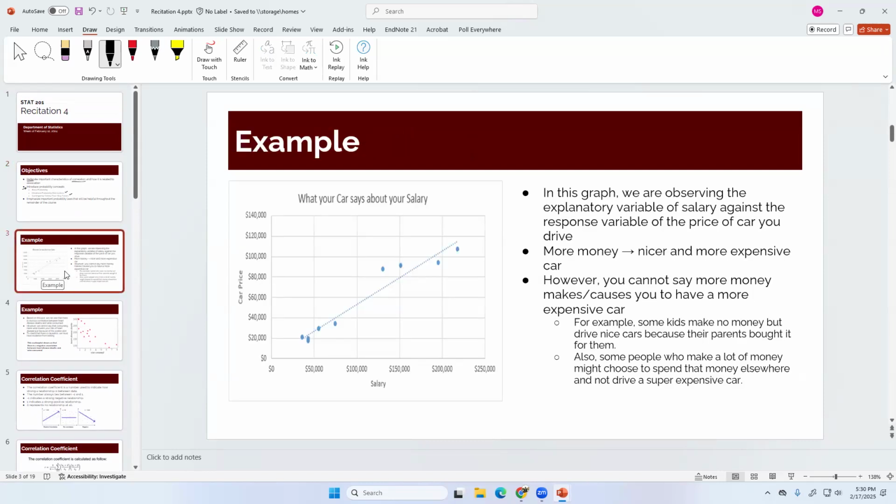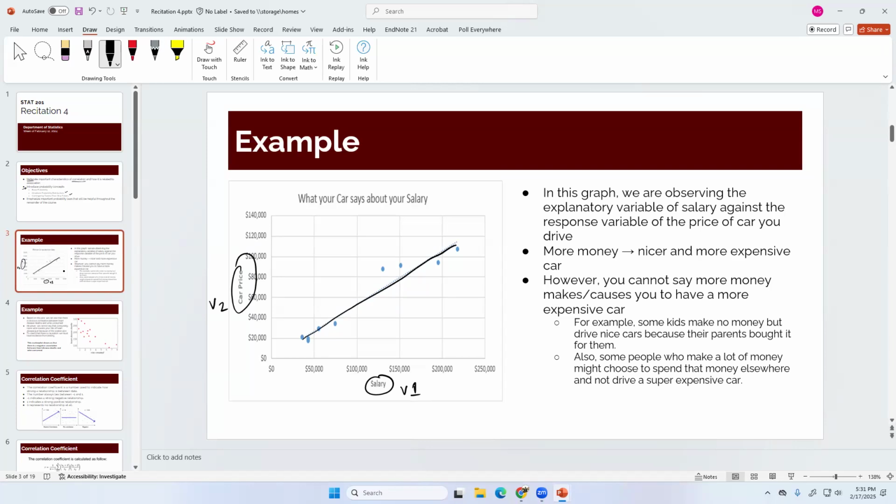The correlation coefficient R tells you the strength of the linear relationship. So if given two variables like this, let's say salary is variable 1, this is variable 2, this line gives you the linear relationship between these two variables.